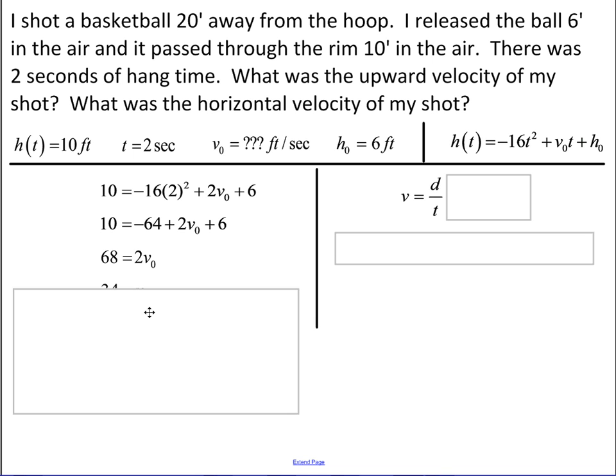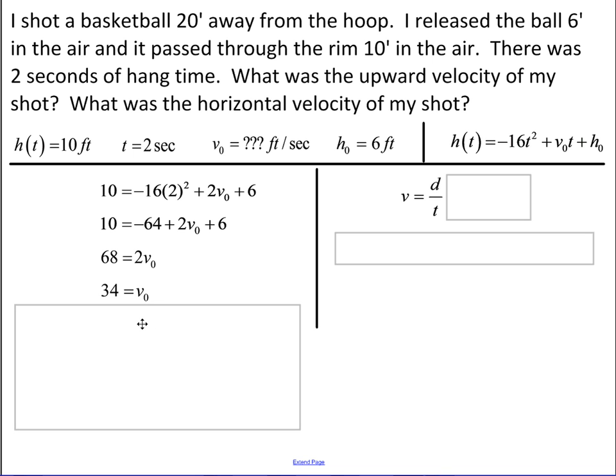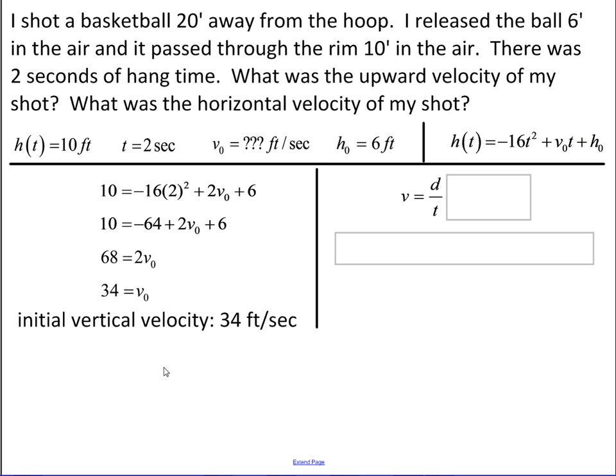And when you solve for v naught, you're left with 34. So the initial velocity in the vertical direction is 34 feet per second. That means that when I took my shot, there's 34 feet per second of initial velocity being pushed upwards on that basketball.